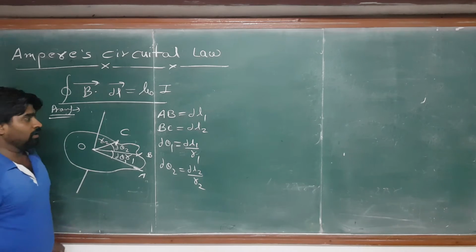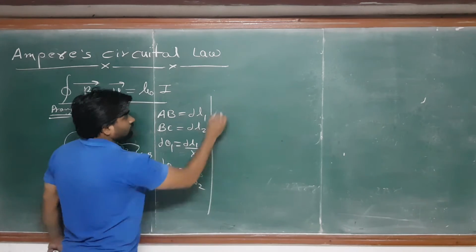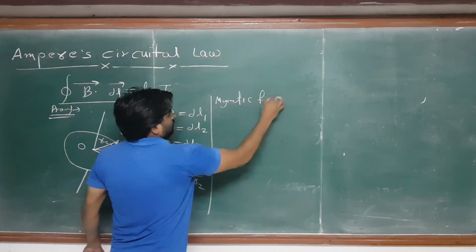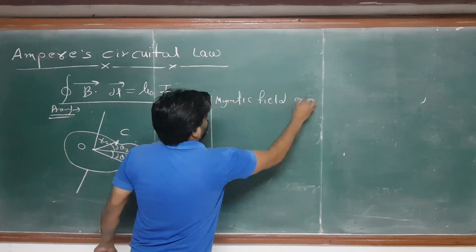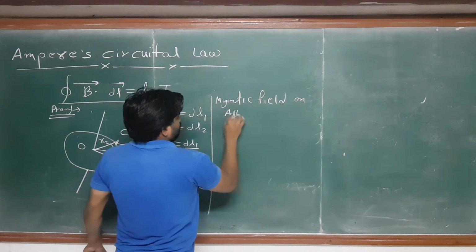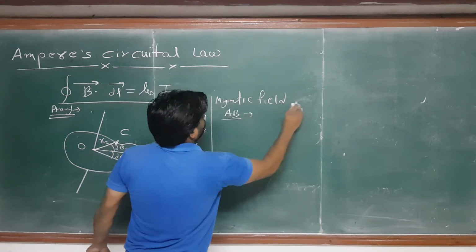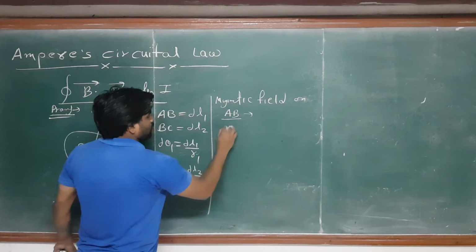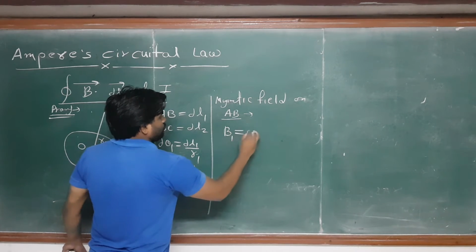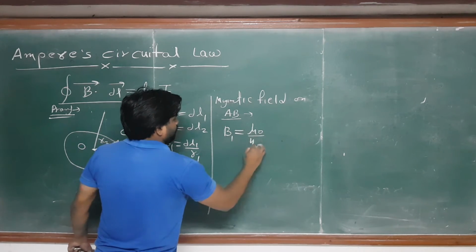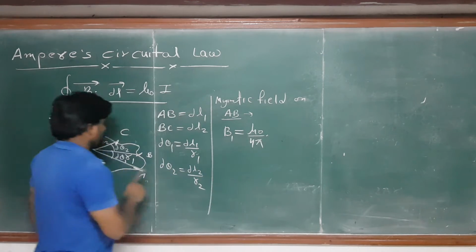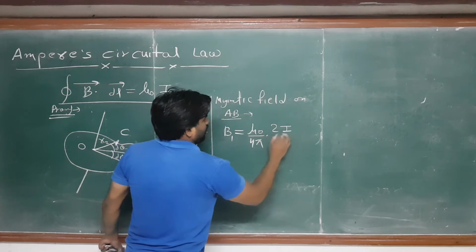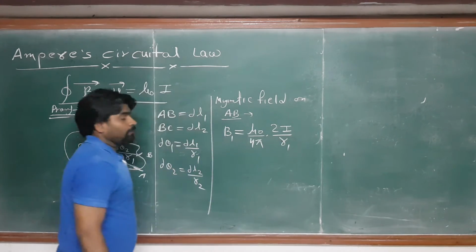So I'll write here the magnetic field on AB. Magnetic field due to it on AB is B1 equal to mu naught by 4 pi dot 2I by R1, because this is a straight current conductor, and I have written the formula directly.